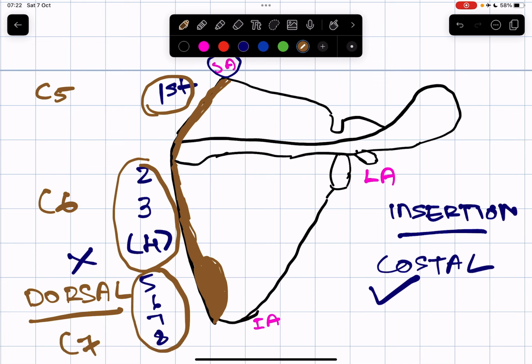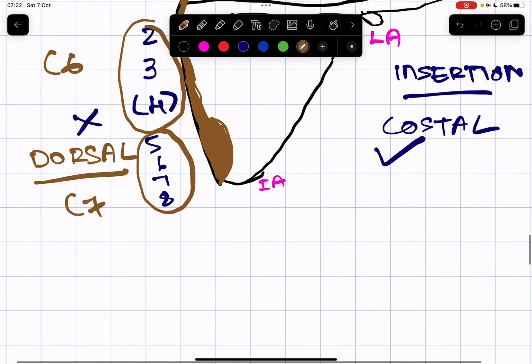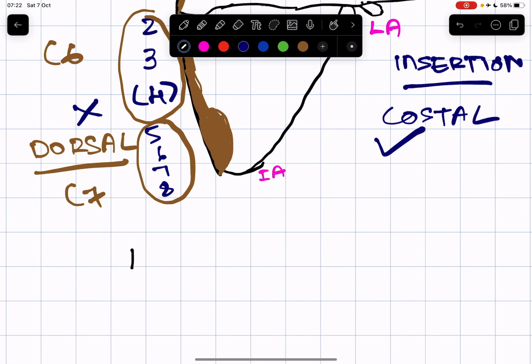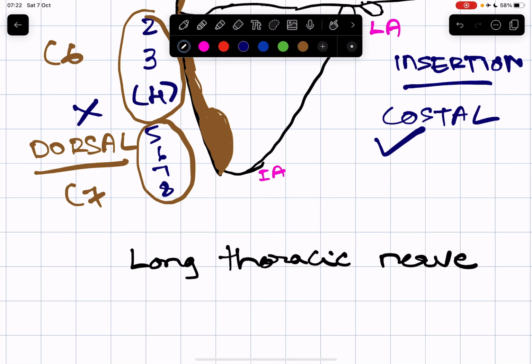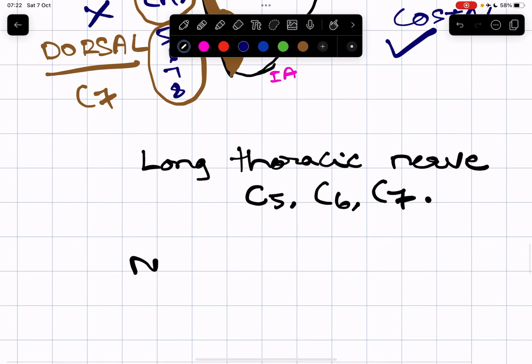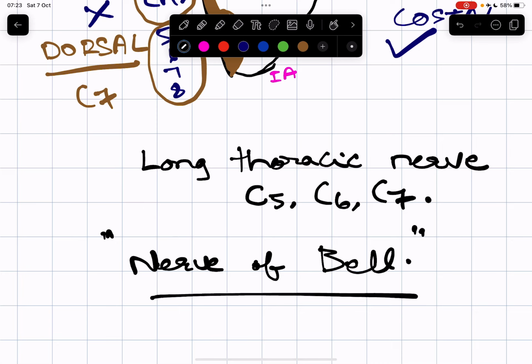So the nerve supplying the serratus anterior is the long thoracic nerve, having the root value of C5, C6, C7. It is also known as the nerve of Bell because of its action. I'll explain the action next. So that's the origin, insertion and nerve supply of the serratus anterior muscle.